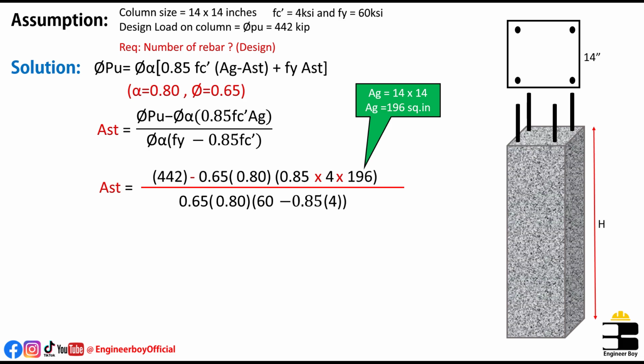So simple, just do some maths. You can get Ast of 3.24 square inches.